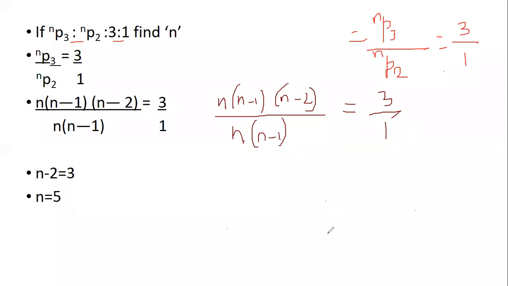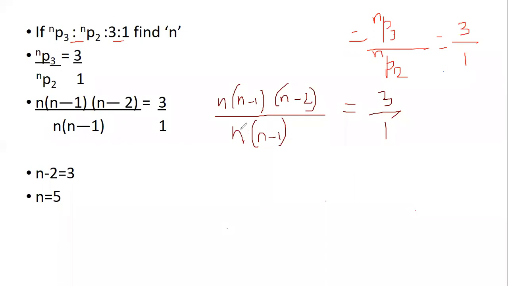I'll retain this as it is. Now again, just check if you can cancel something. Which are the expressions I can cancel? Can anybody say? Okay, I got one answer. How about others? n into n minus 1.